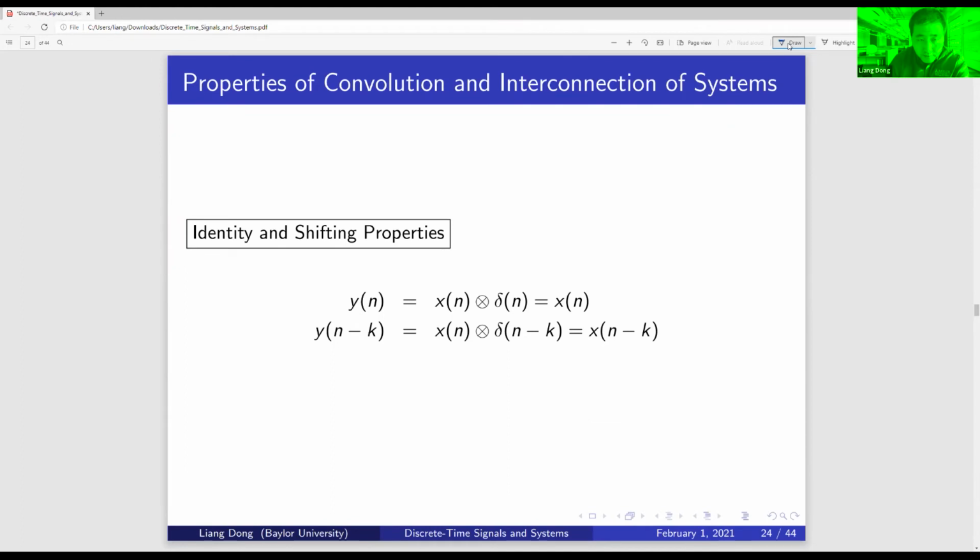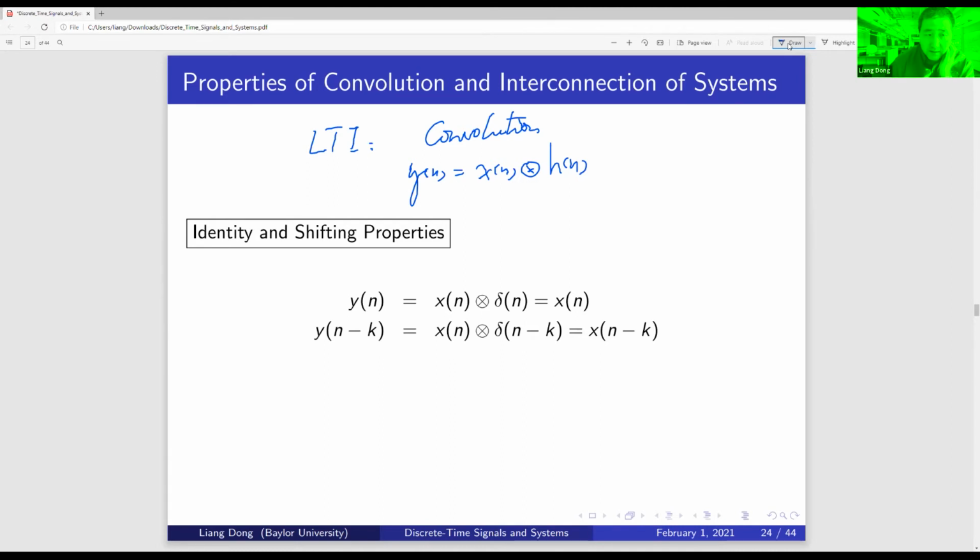It's important to understand the convolution. If I have a linear time invariant system, it can be mathematically expressed as a convolution, as we used last time: yn equals the input xn convolved with the impulse response hn.